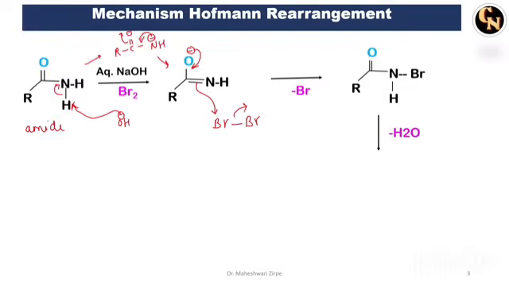So this is the mechanism, and what you get is R C double bond O N, C N becomes single bond, N H, already H was there, and Br. The nitrogen has taken the Br atom. So here you will be getting this step.